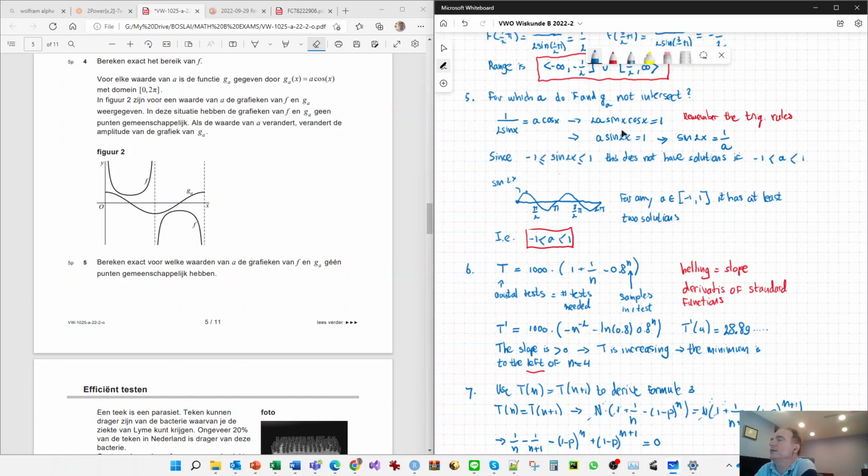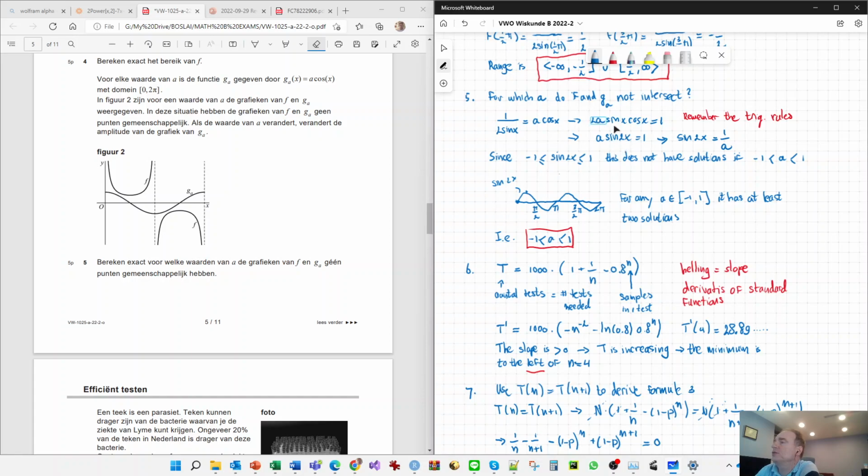Multiply by sine x both sides. And here again know your rules for trigonometry. This is actually one that was listed in the equations above, but best still to remember them and know how to apply them.